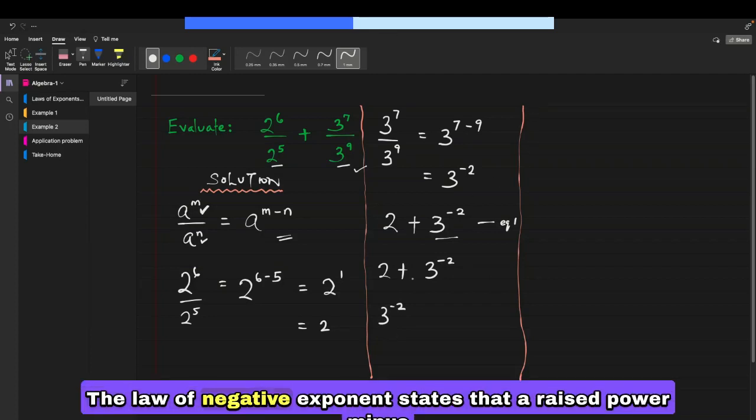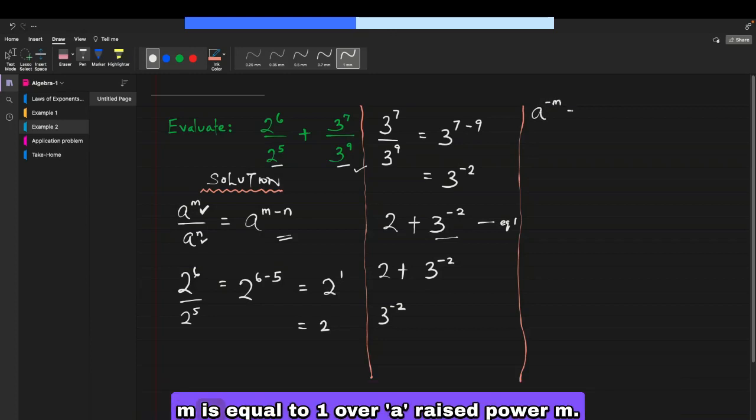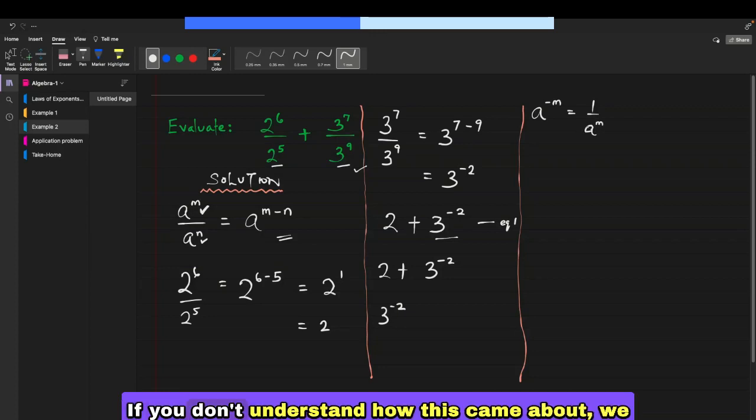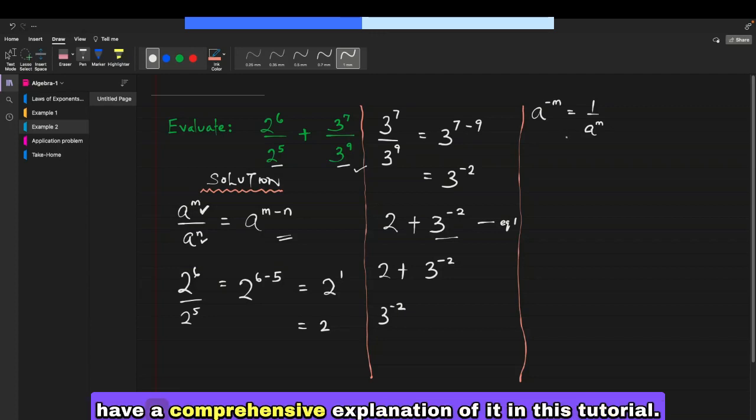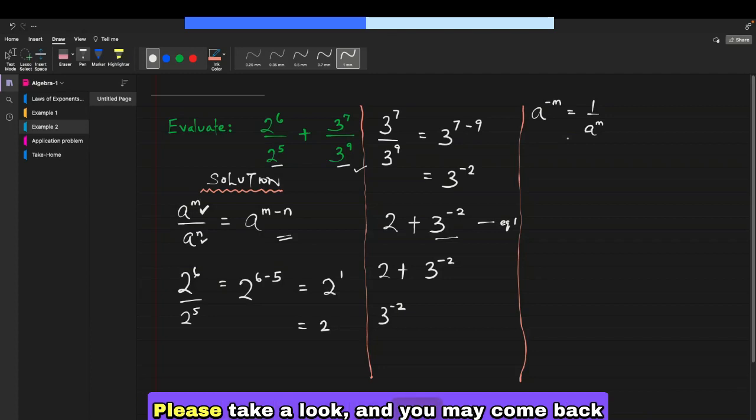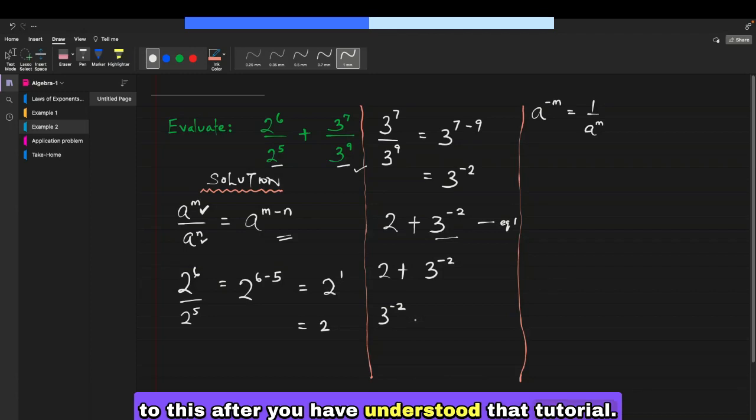The law of negative exponents states that a raised to the power minus m is equal to 1 over a raised to the power m. If you don't understand how this came about, we have a comprehensive explanation of it in this tutorial. Please take a look, and you may come back to this after you have understood that tutorial.